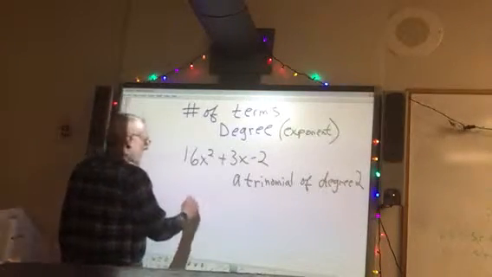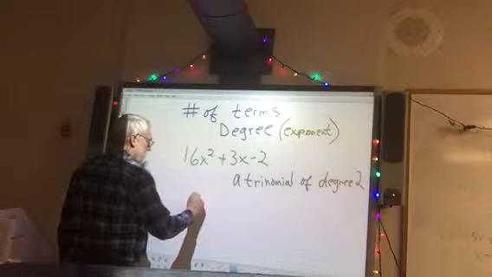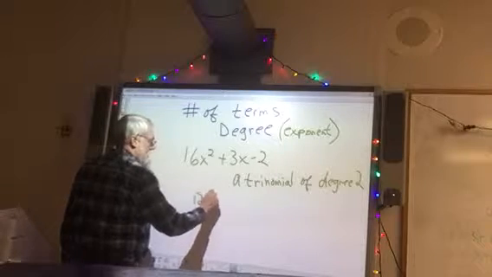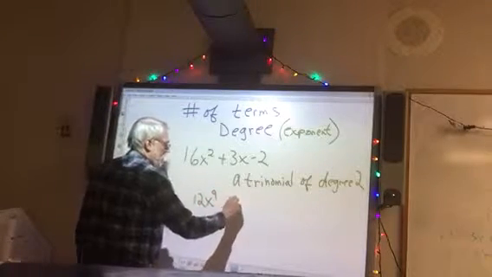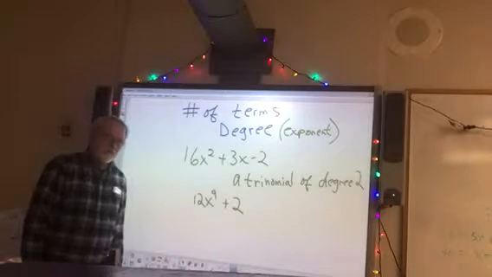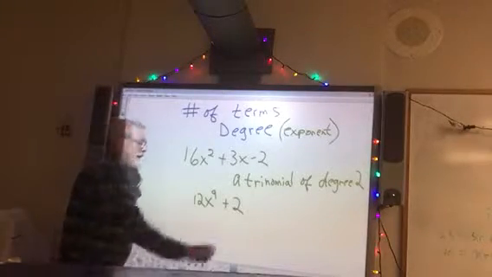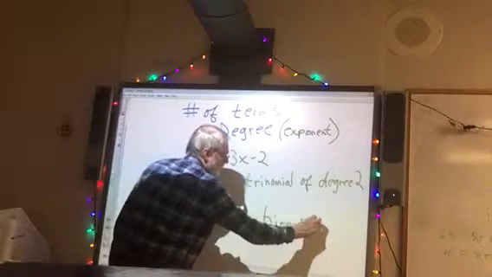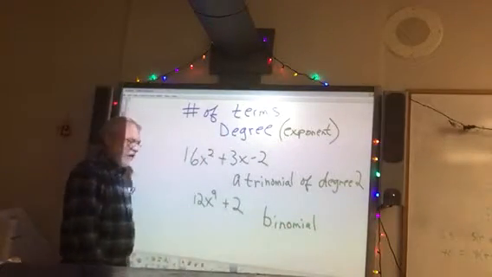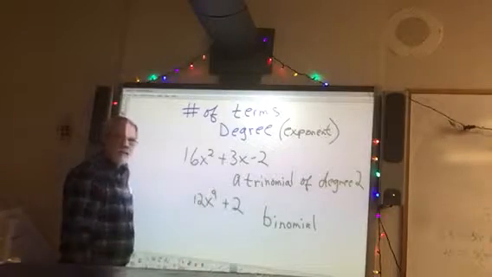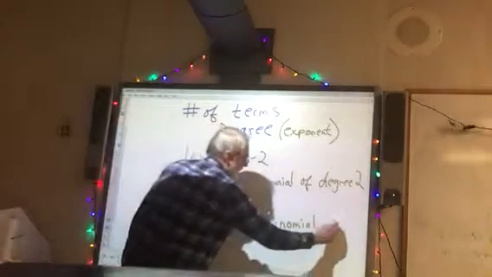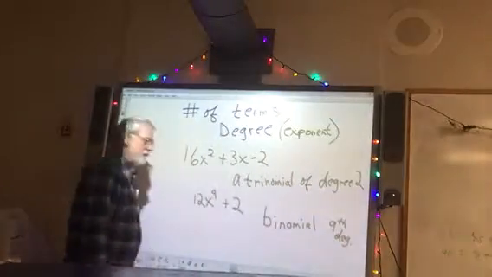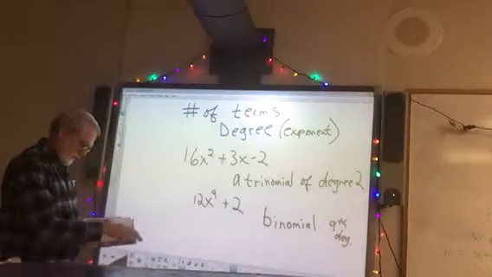Another example: 12x to the 9th plus 2. It is a binomial. There it goes, leaving the room again. Of 9th degree. Okay? That's that part. I think you can figure it out.